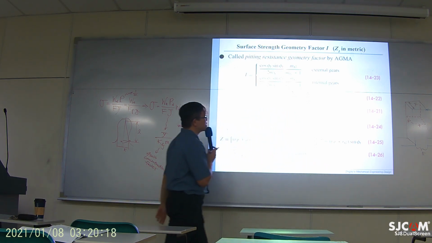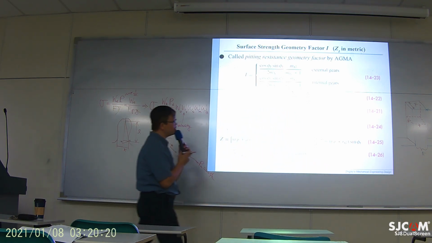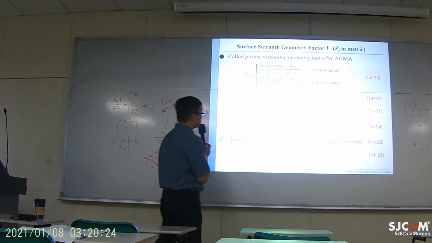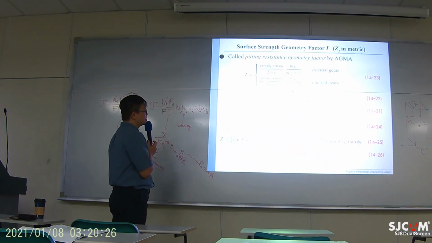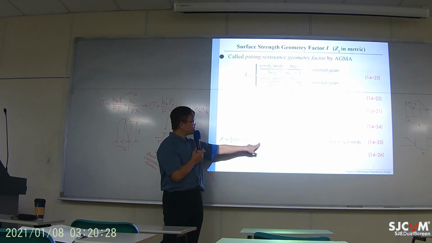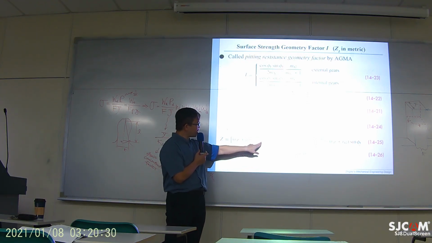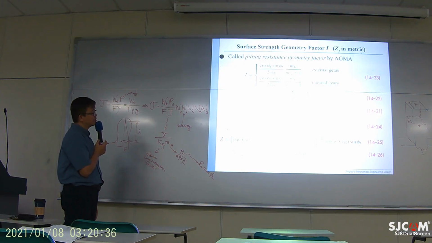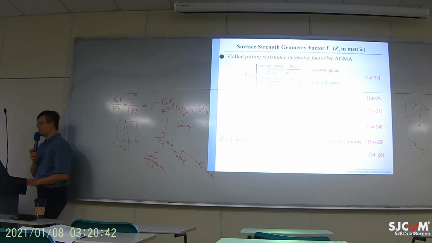Okay, and phi is pressure angle. And this is the base radius of the base circle of the pinion, the smaller gear. So in this case, A probably is this.